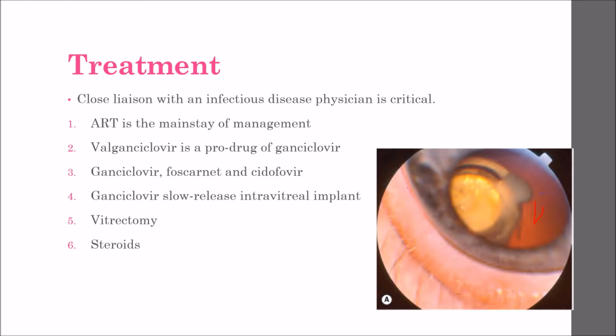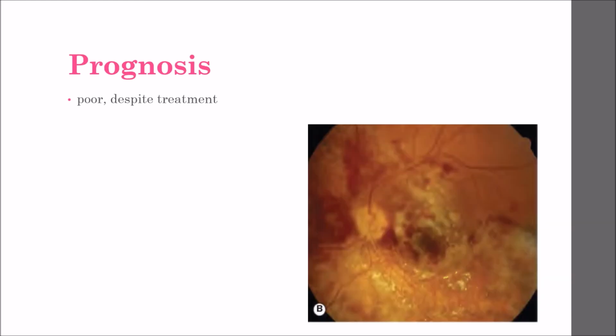Now, in these cases, prognosis is poor despite treatment, because of regressing retinitis even after treatment. Under any circumstances, when the macula is damaged and we cannot restore vision, as you can see in this diagram, this has already happened.